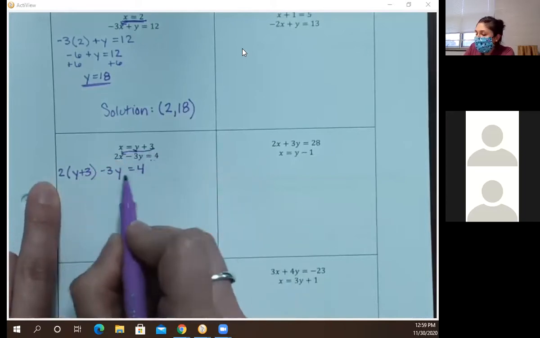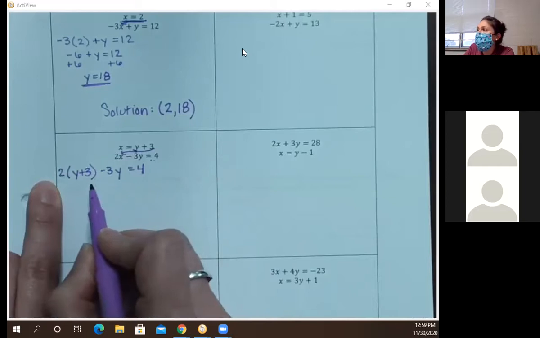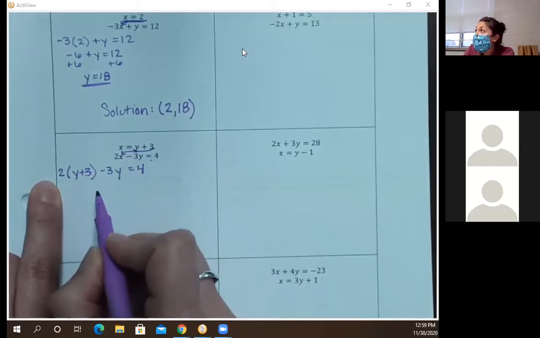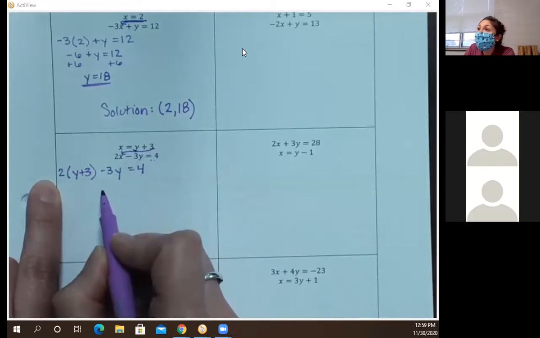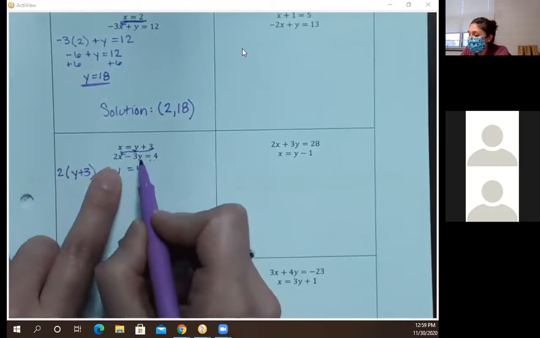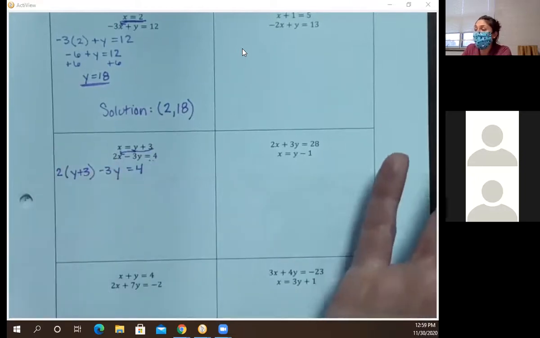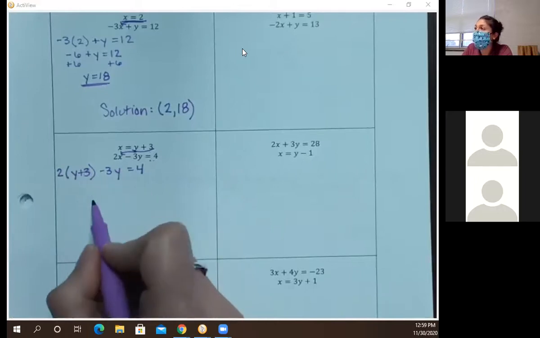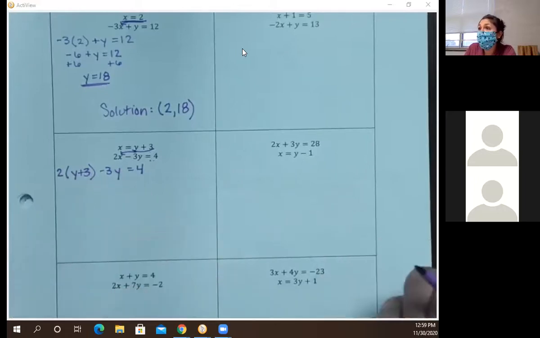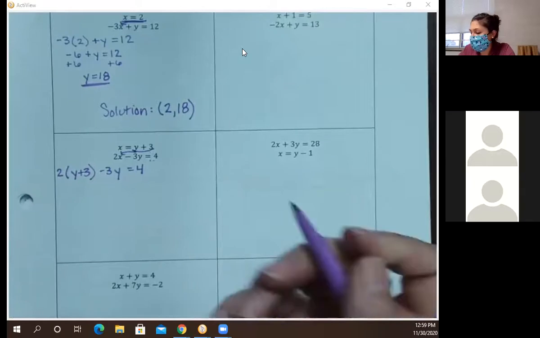If I rewrite an equation so that it only has one variable, now I can actually figure out what that value will be, okay? Because I can get y by itself. That's the big idea here. We take an equation with two variables that we're kind of stuck with, and we rewrite it in a way where we only have one variable, and we can actually solve for that variable.